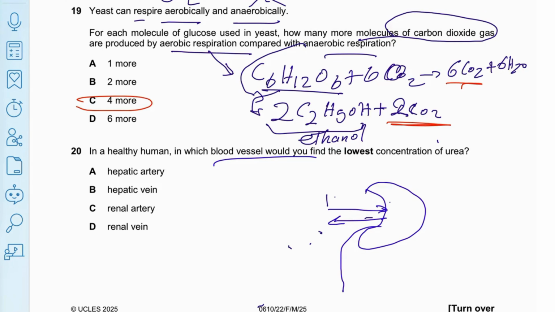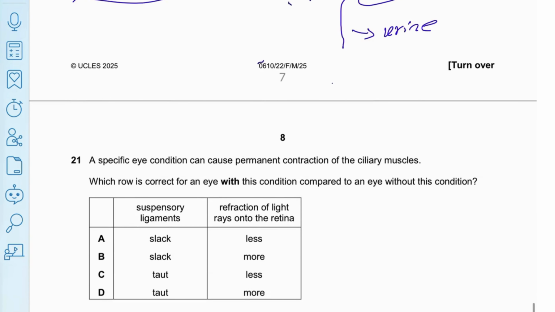What's going in is renal artery, has the highest concentration of urea. What's going out is renal vein, has the lowest concentration of urea. And ureter contains urine going to the bladder. So which blood vessel contains the lowest? It will be the renal vein.